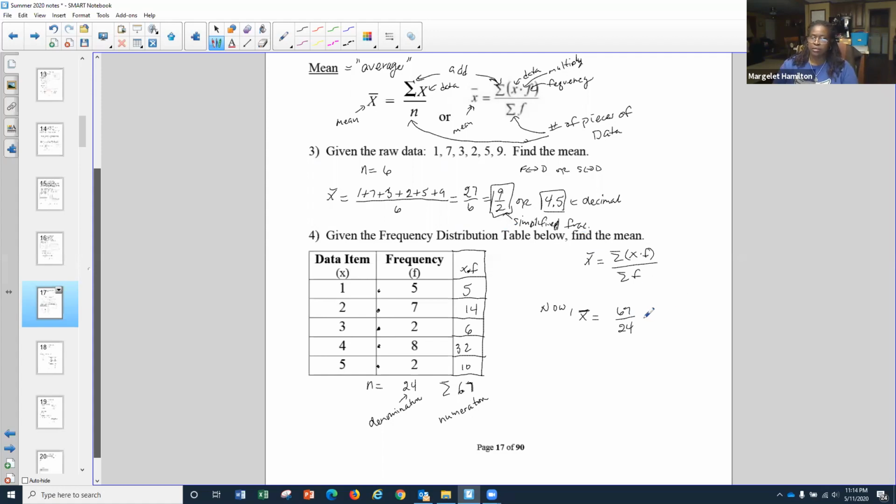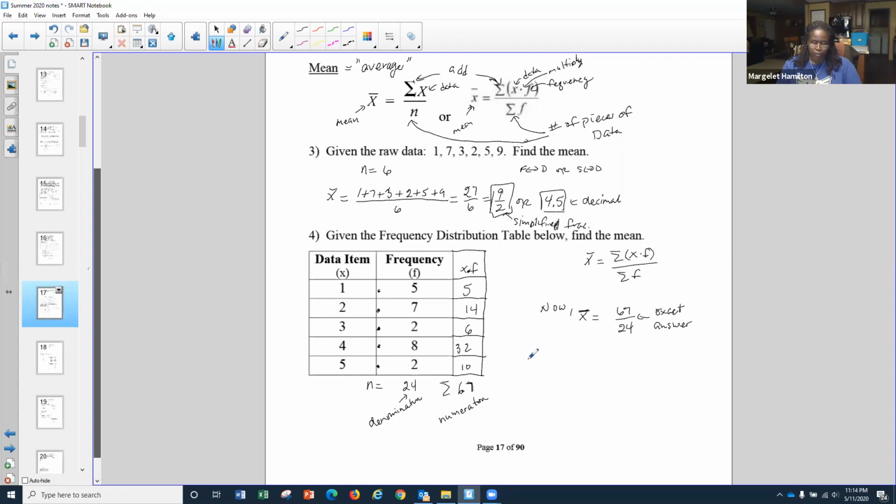This is our exact answer that we found. All right. That's our exact answer. But now, put it in your calculator. Can it be simplified? Try it. 67 over 24? I don't think so. Gave us 1.125 is what you should have gotten.